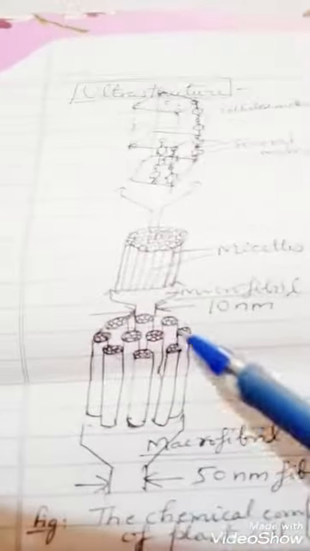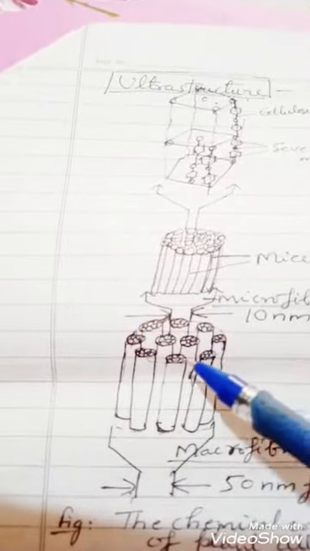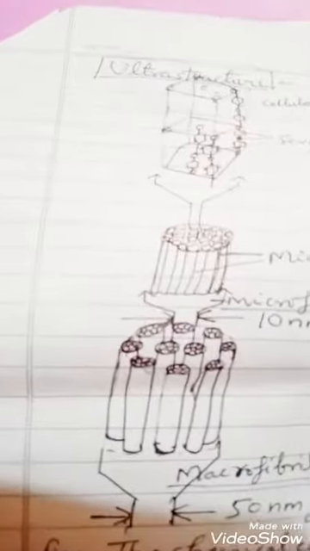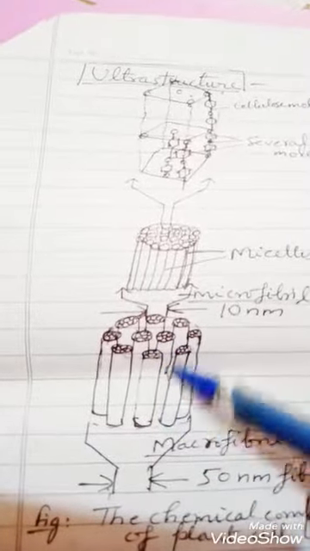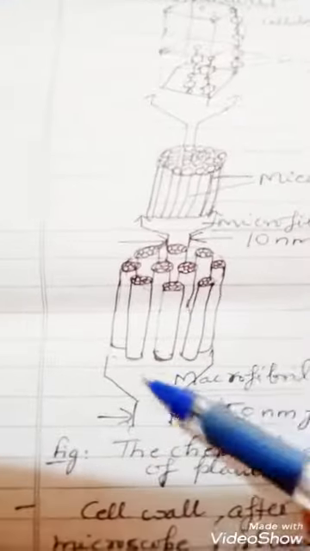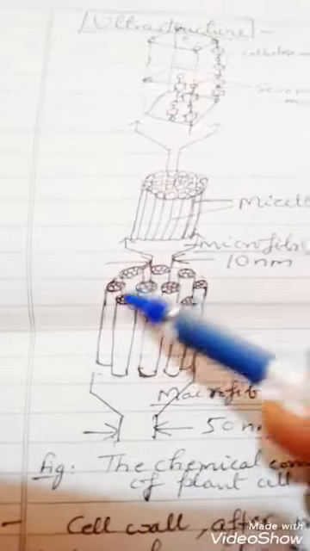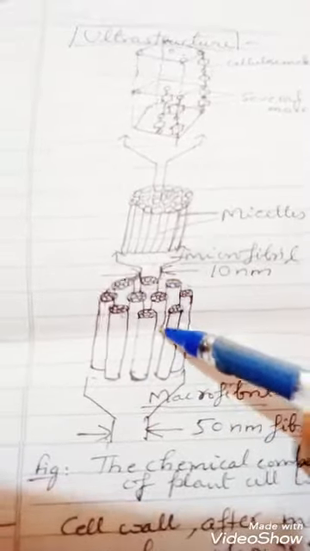This actually consists of 1, 2, 3, 4, 5, 6, 7, 8, 9, 10 microfibrils. These are the longitudinally arranged microfibrils, and a macrofibril has these microfibril units.